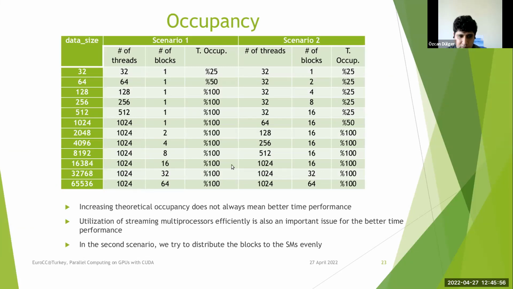So what is efficient utilization of the streaming multiprocessors? That means trying to keep all of them busy. For example, when the data size is 2^10, that is 1024, the first scenario has only 1 block.